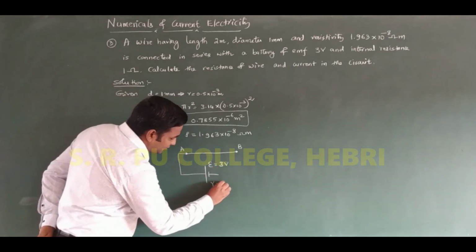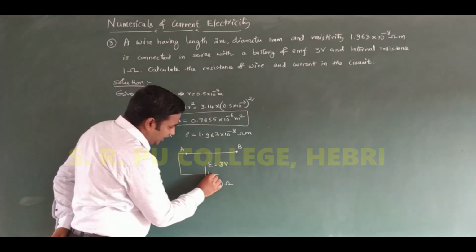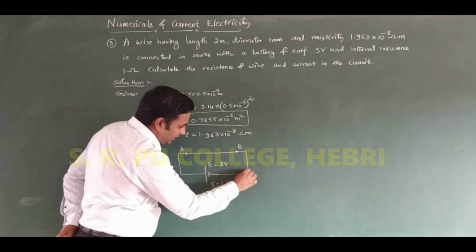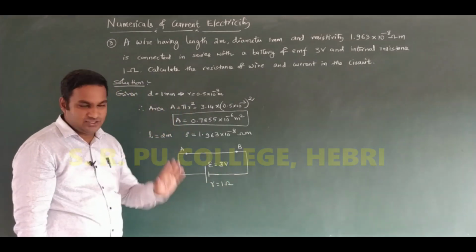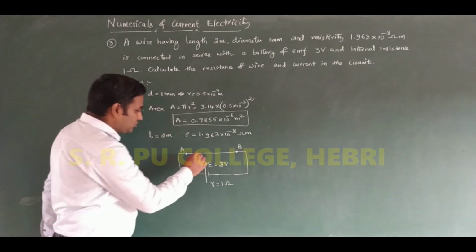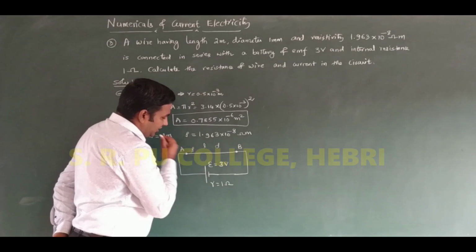Internal resistance is equal to 1 ohm, also given. Across this wire they connected a cell of EMF 3 volt and internal resistance 1 ohm in series. This wire has a suitable length, diameter and resistivity.